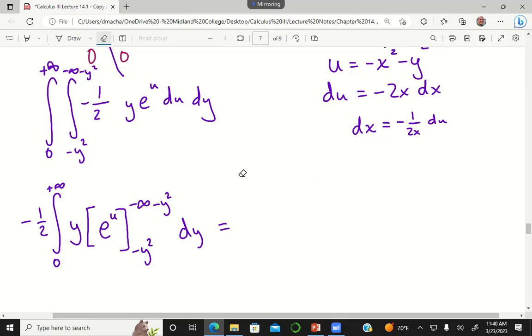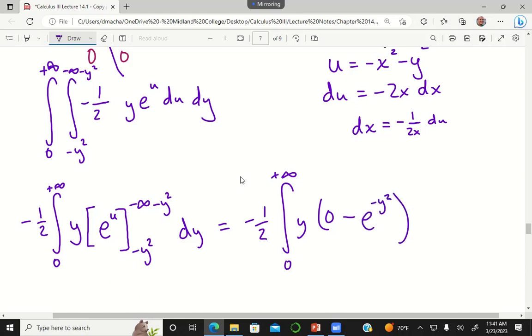So the upper bound here, whenever I'm evaluating this, is 0. And then the lower bound is what I get whenever I plug in u equals negative y squared. And so this will be 0 minus e to the power negative y squared dy.